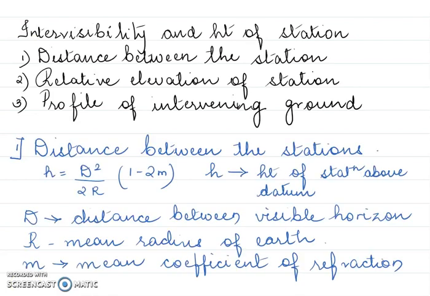Now, let's come to the first factor, that is the distance between the stations. When I'm talking about the stations, it can be a point which is being surveyed or a point which you are surveying from. So, it can be an instrument station, it can be a staff station. So, the equation is h = D²/(2R) × (1 − 2m).